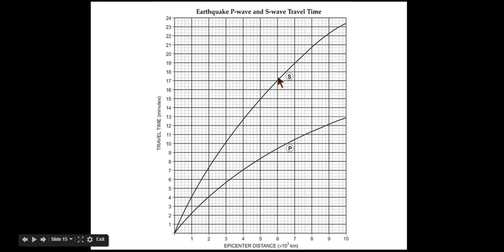So we want to make sure that we are going up to the S wave curve and kind of ignoring the P wave curve at this point because it's asking about an S wave. So if the distance is 5,000 kilometers, I follow the 5,000 up until I hit the S wave. And then I read over. And so the time it takes an S wave to travel 5,000 kilometers is 15 minutes.